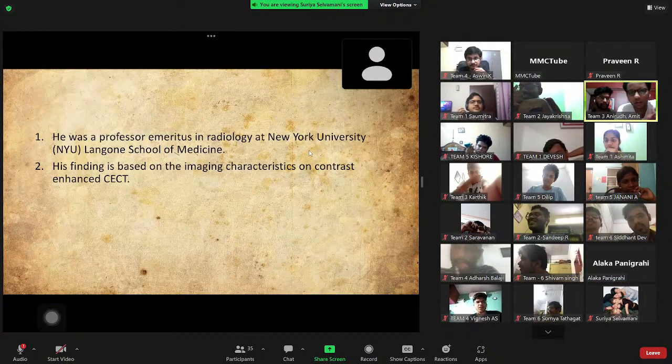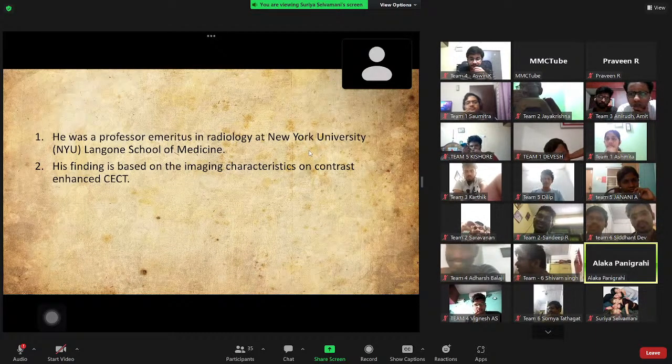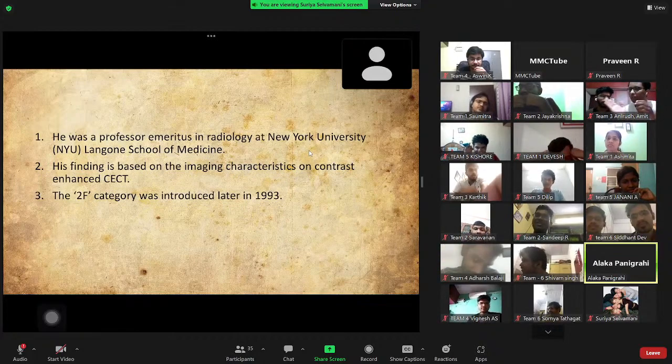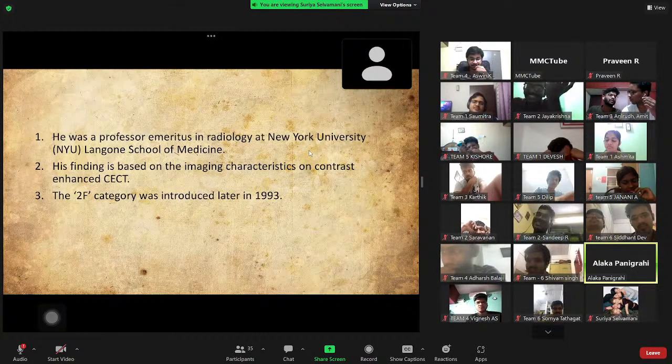We are not getting it. Next clue, please. The 2F category of the classification was introduced later, in 1993, by other scientists. The original classification system did not have this 2F category.